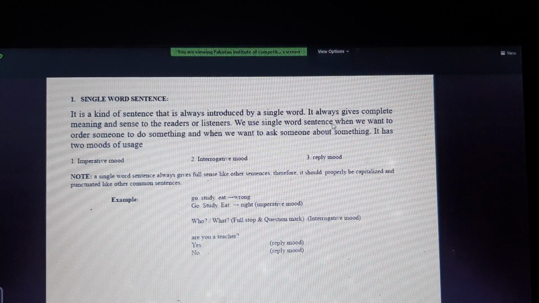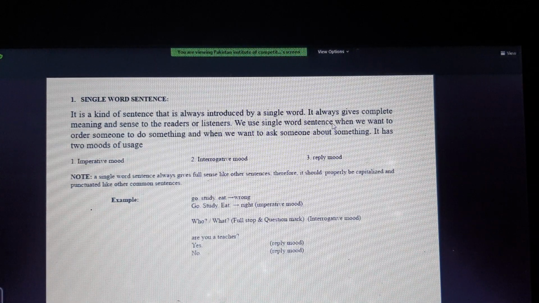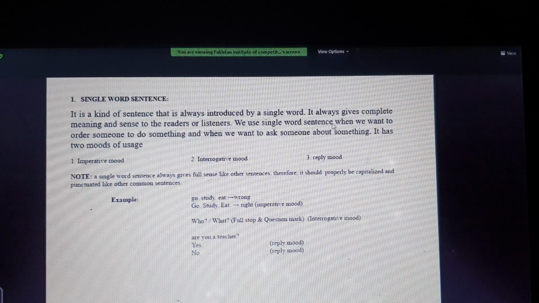अभी सवाल ये है कि ये सिंगल वर्ड सेंटेंस अगर हमारे पास मौजूद है तो क्यों ना हम हर जगह अपना टाइम भी बचाएं, अपनी एनर्जी को भी बचाएं और सिंगल वर्ड ही यूज करते रहें. But it is not possible. क्यों?